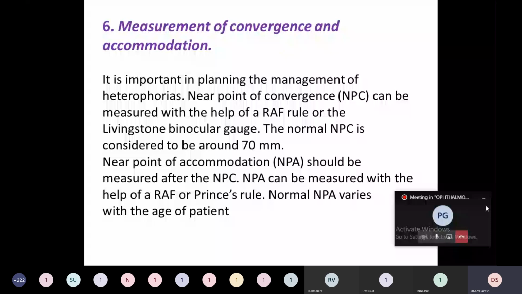So phorias and the various tests that are used to identify the phoria, among which Maddox rod is extremely important, not only from the point of having knowledge of testing phoria, but also because it is very frequently asked in various examinations at various stages in the form of short note, in the form of viva. In practicals, they will show you Maddox rod, and then ask you a few questions on Maddox rod.